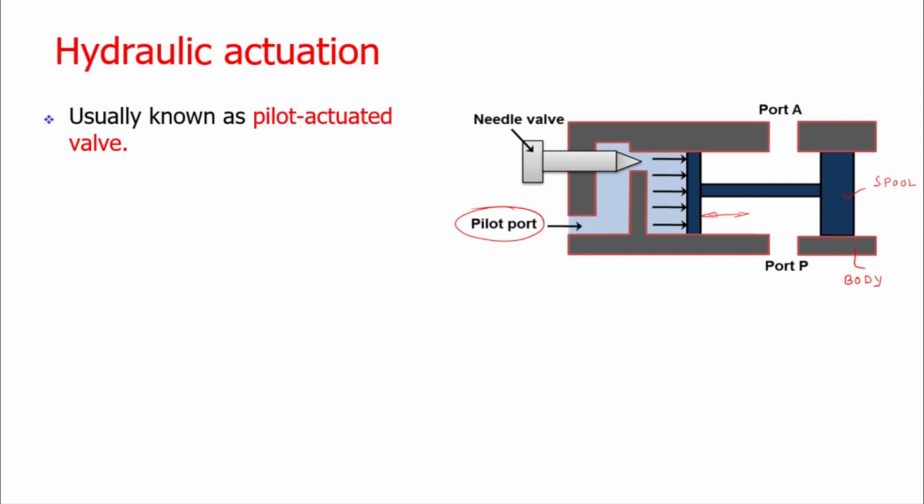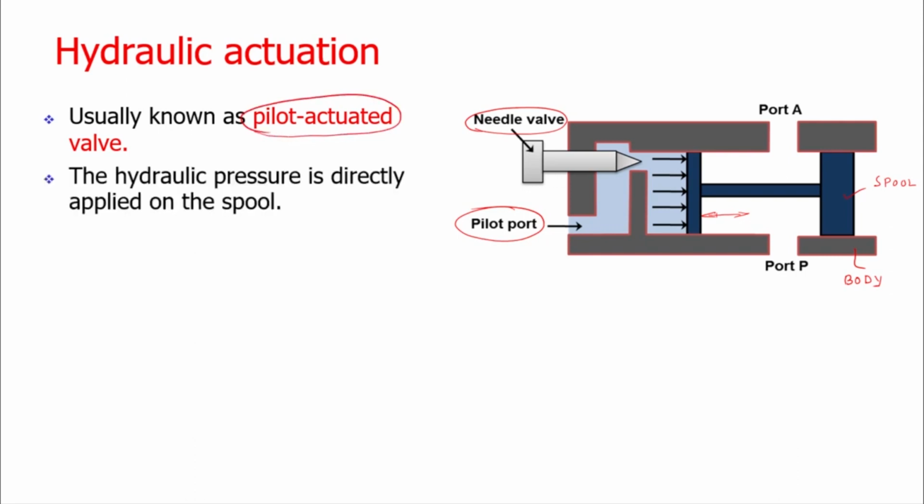The flow control of the pressurized fluid through the pilot port is controlled by a needle valve. Already we have seen that the screw-based needle valve can be utilized to control the flow of the fluid inside the system. So these kinds of actuations are called hydraulic actuation based valves or pilot port based valves.